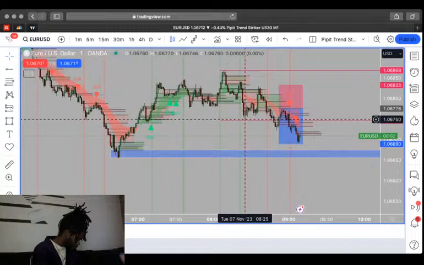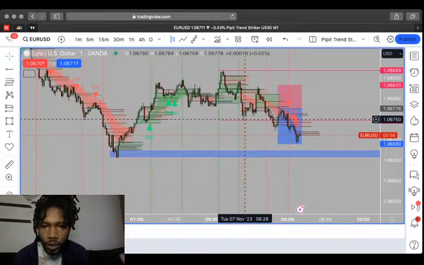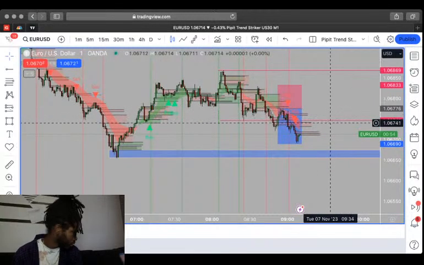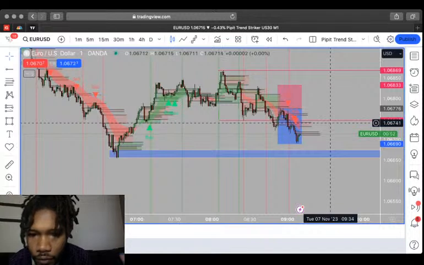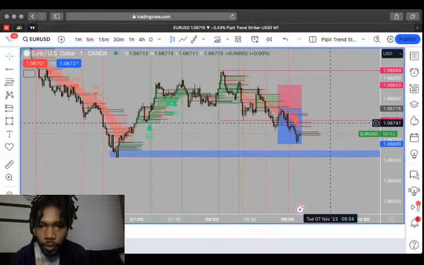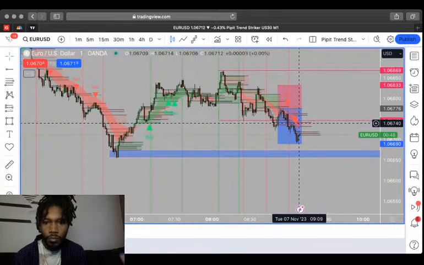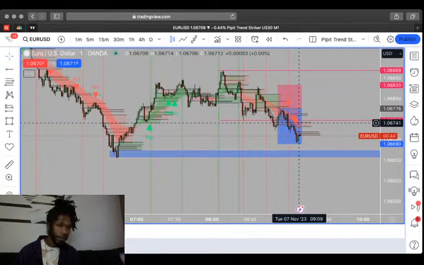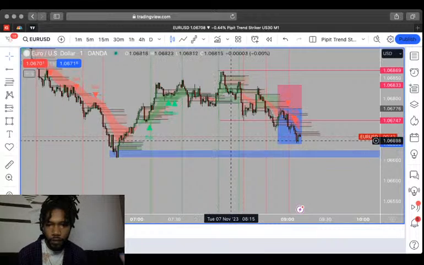I'm actually going to move my stop loss further into profit on EU. My stop loss is now below the low that it broke. So I'm in profit about 5 pips. Stop loss is at 5 pips right now.